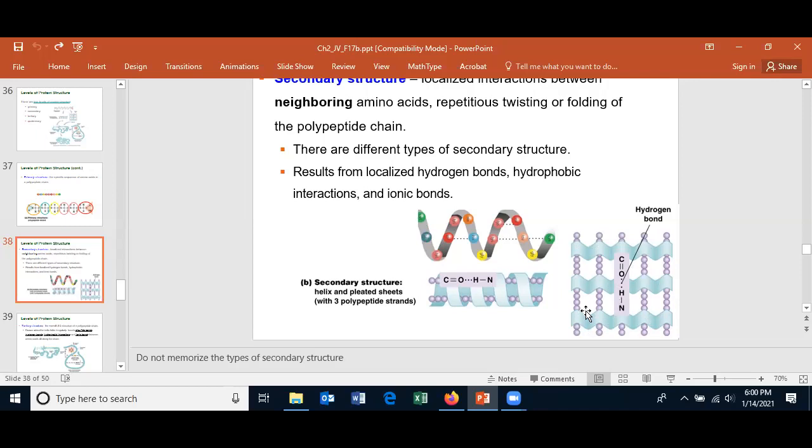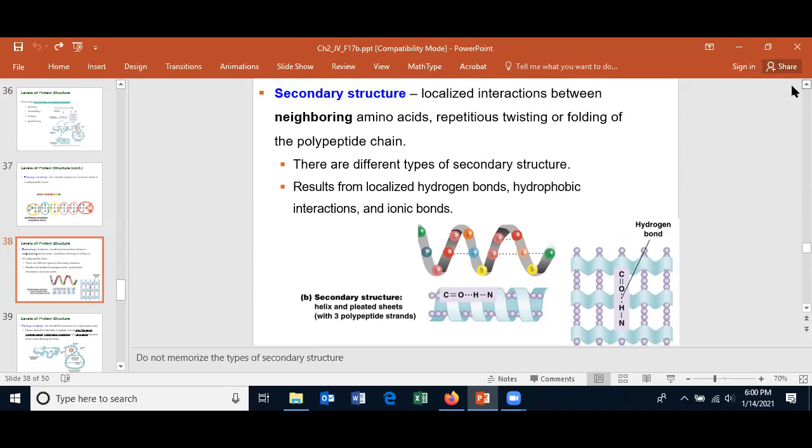And there's a third way that is not shown here, and that is you can have a random coil, where there will be an attraction right here, but then it'll go off that way, and you call it a random coil. And you don't need to know the different secondary structures.